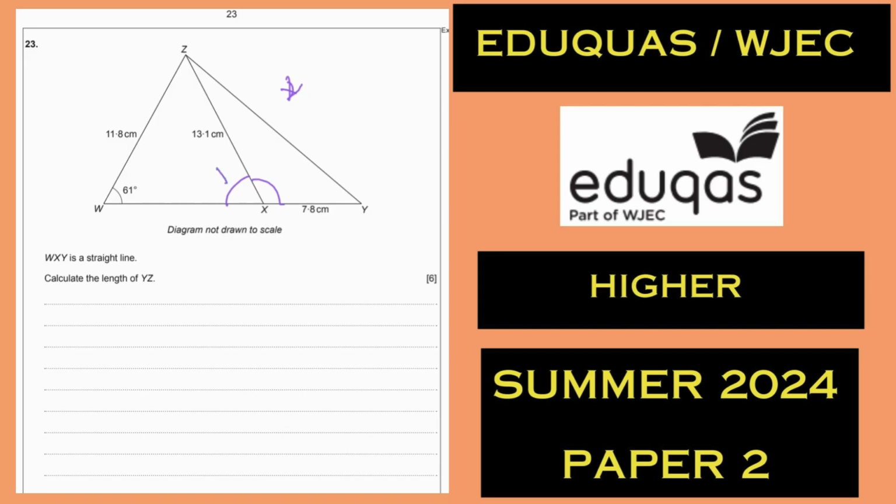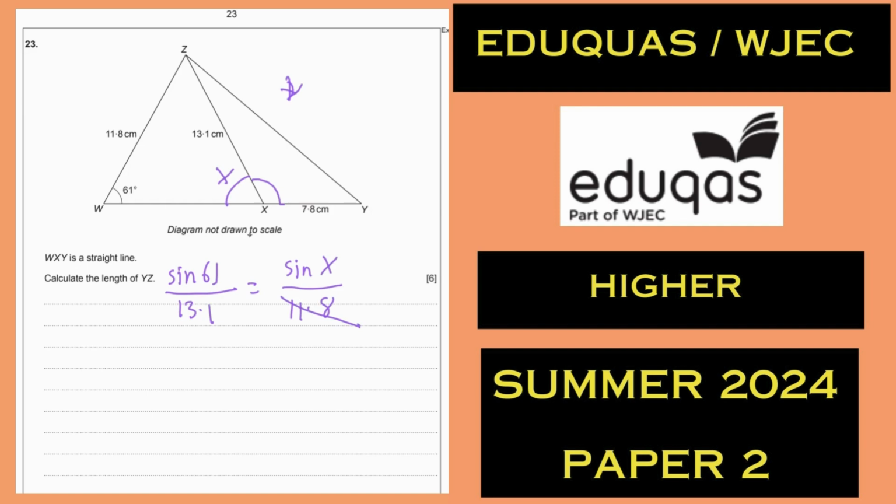I'm going to call this angle X because we know 61 and 13.1, they are opposite to each other. When you have a non-right angle triangle and you know an angle and its opposite side, it is a sine rule question. So we can make the statement that sine of 61 divided by the opposite side equals the sine of the angle we'd like to know divided by 11.8.